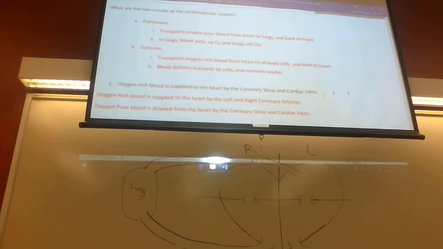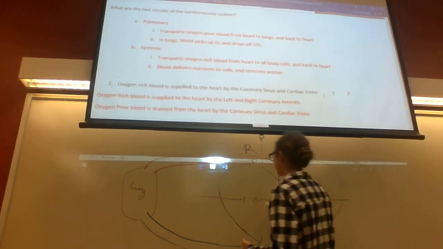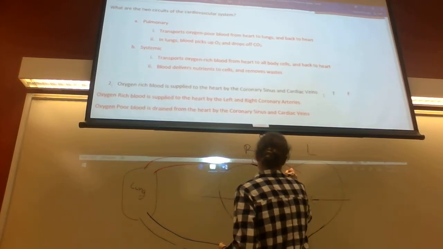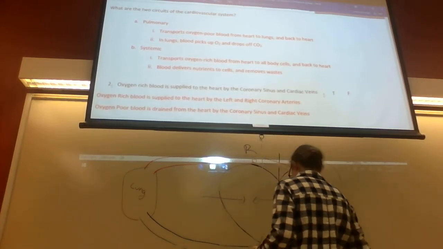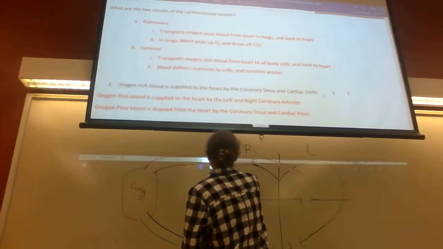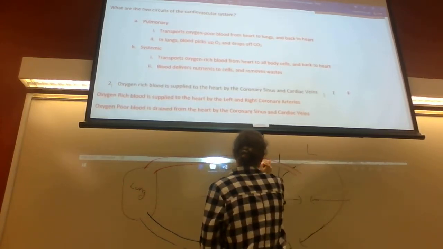That's where that comes from. And then oxygen-poor blood is drained from the heart by the coronary sinus and the cardiac veins. So that's how waste products are taken away from the heart's tissues.